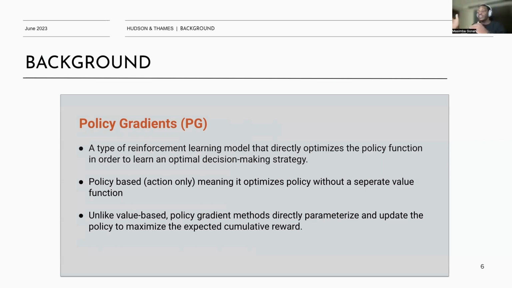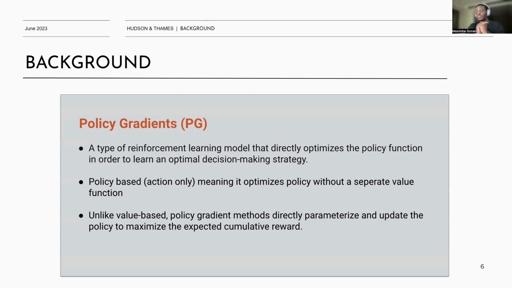So policy gradients use things like gradient descent to try and optimize that reward function. So instead of doing a trial and error scenario, policy gradients are a reinforcement learning algorithm that tries to optimize our reward function using things like gradient descent.